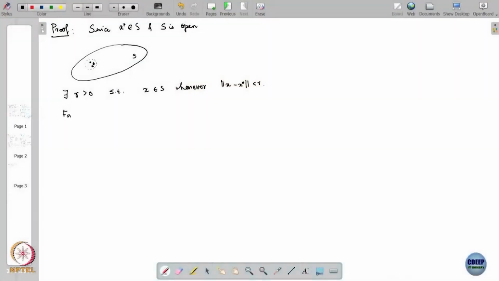So what that means is, for every vector h in Rn, I can find some eta positive such that if I look at the vector x plus delta h, this vector x plus delta h belongs to S for all delta greater than or equal to 0 and less than or equal to eta.